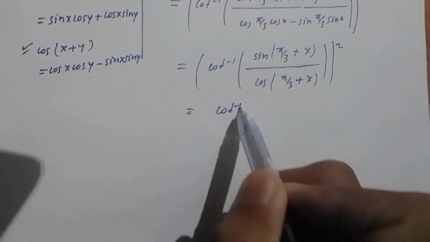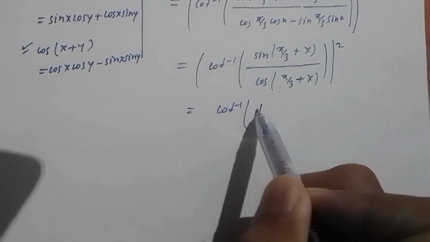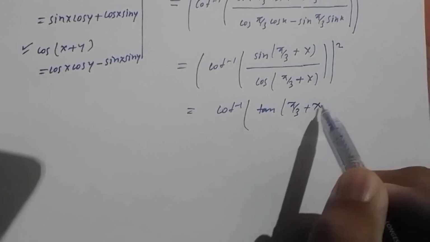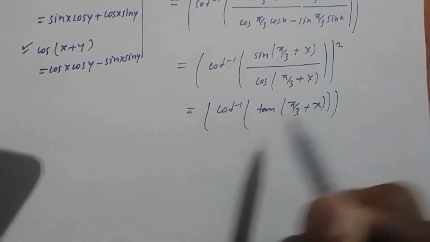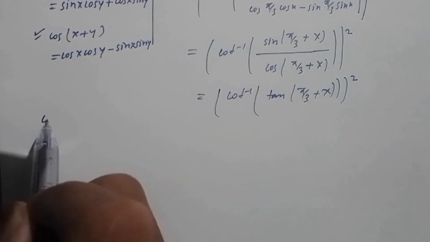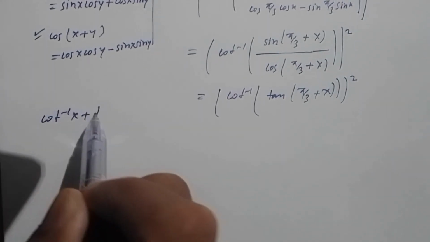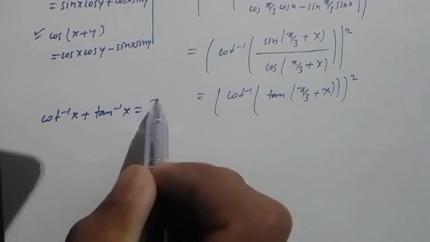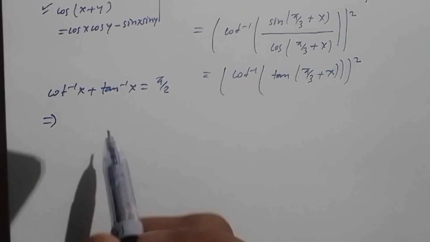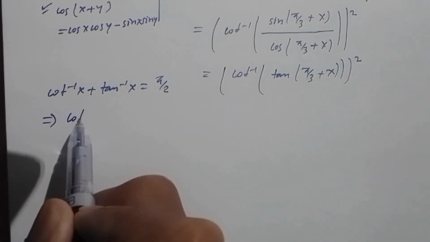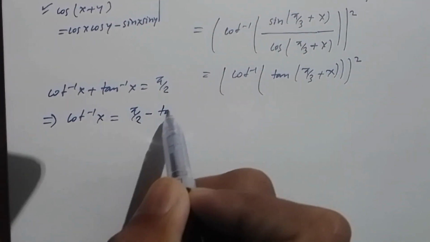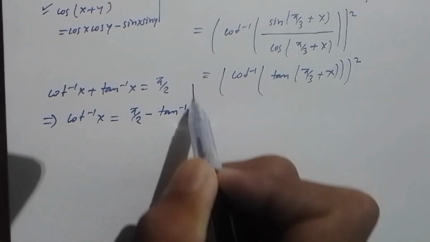That is equal to cot inverse of tan(pi by 3 plus x) whole square. From inverse trigonometric functions, we know cot inverse x plus tan inverse x is equal to pi by 2, which implies cot inverse x is equal to pi by 2 minus tan inverse x.